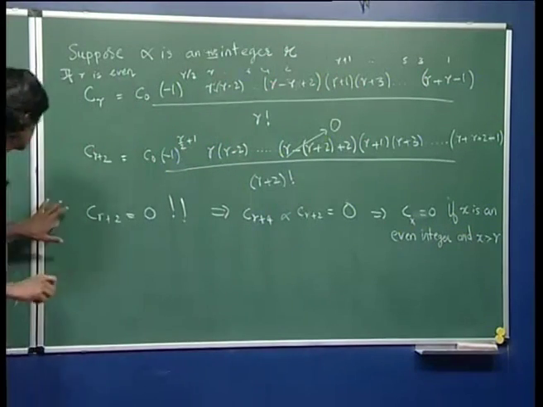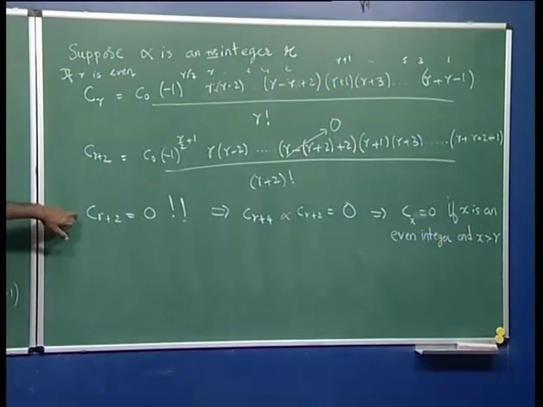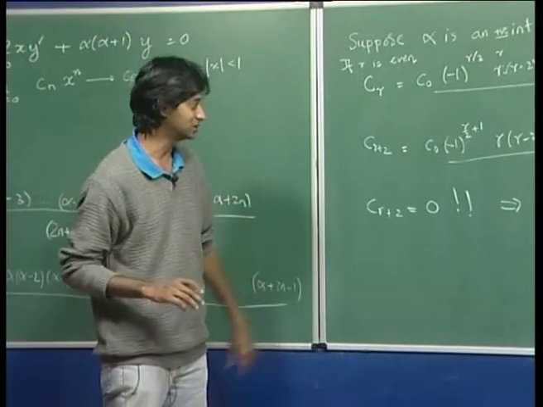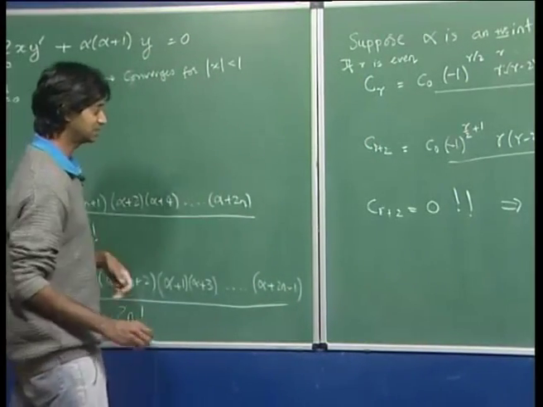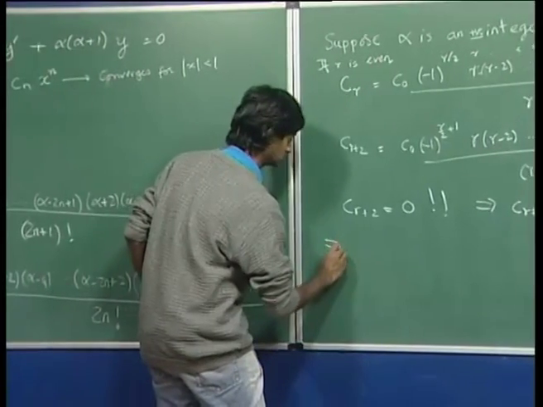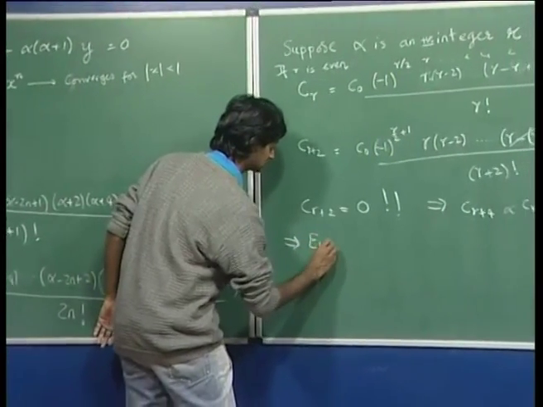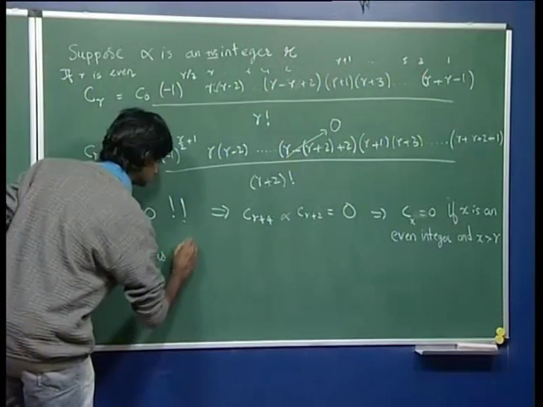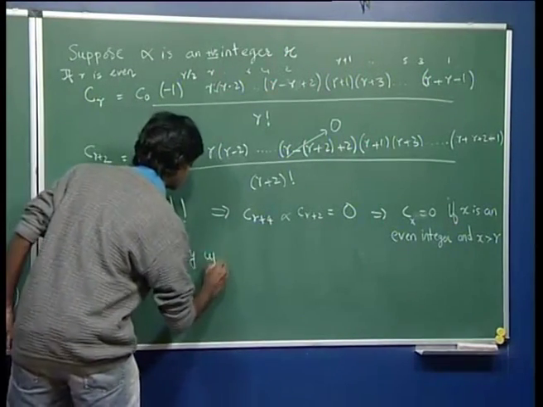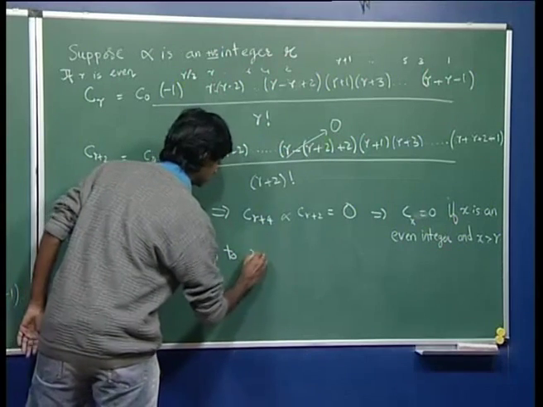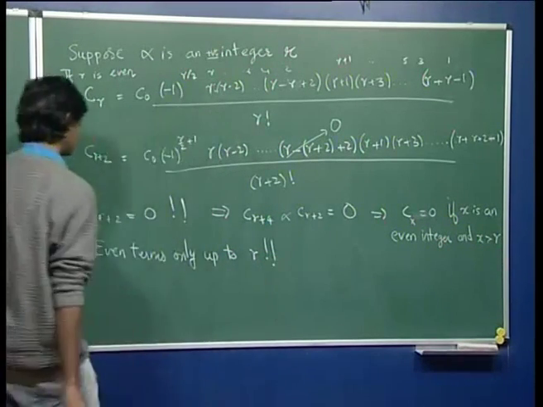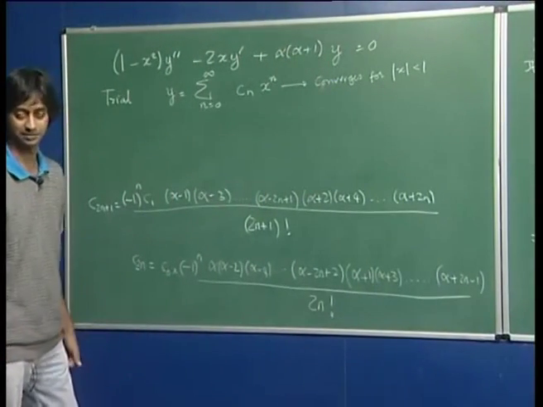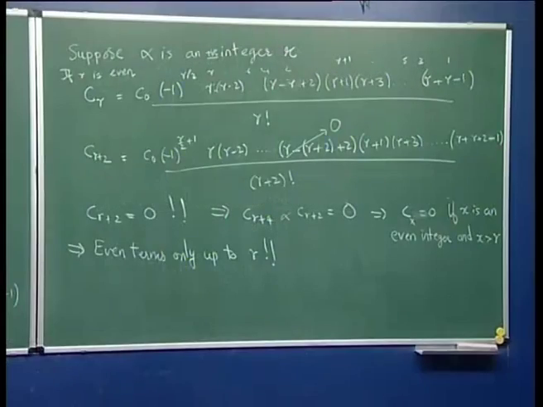So that means all the even terms which are greater than r are all 0. This implies even terms only up to r. So the sum of even terms goes only up to r.